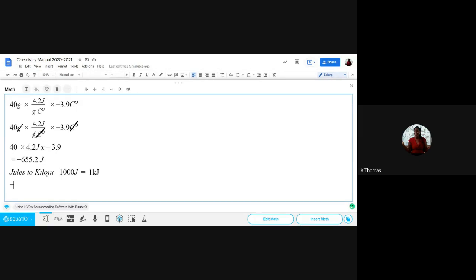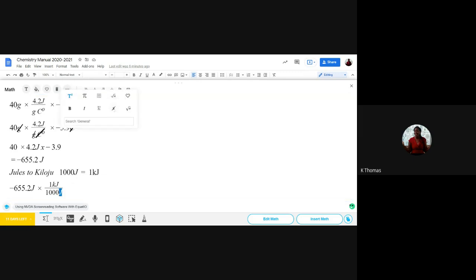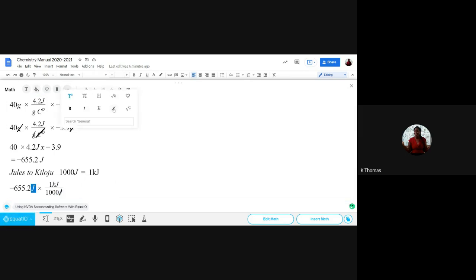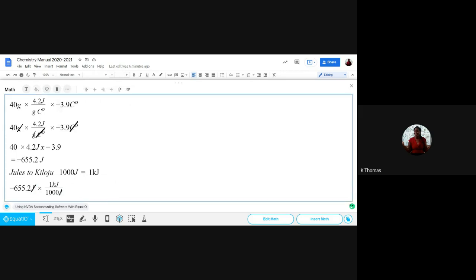I have negative 655.2 joules. Multiply that by my ratio. I have joules at the top, that means I'm gonna have 1 kilojoule at the top, and then my joules are going to be at the bottom. Joules and joules will cancel.